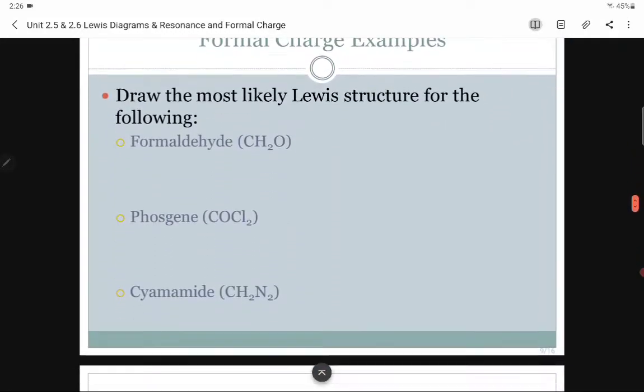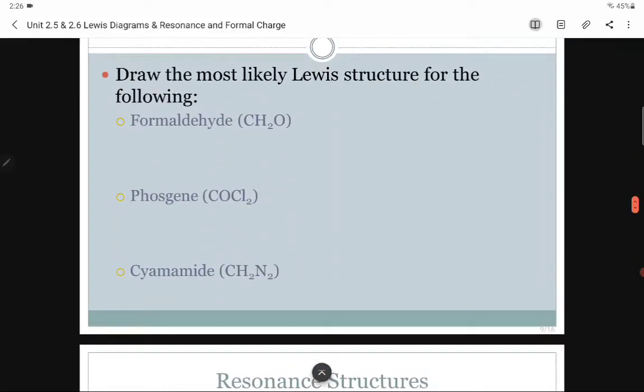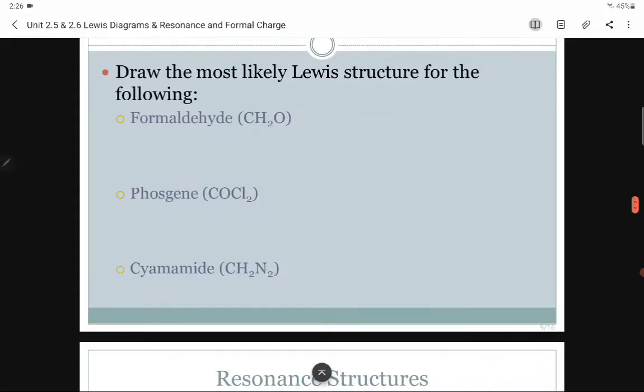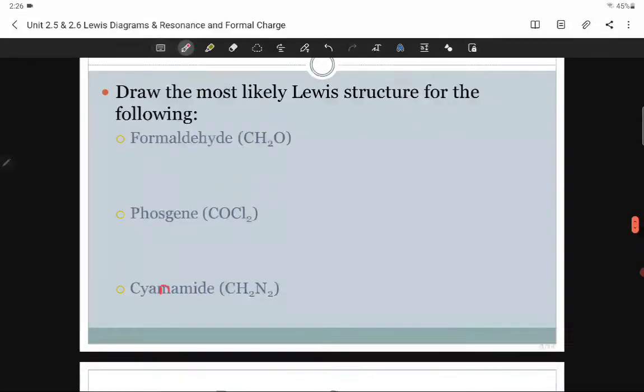Let's check out one of these. Draw the most likely Lewis structure for the following. I think that's a misprint there. That's supposed to have an N in that. Remember I said carbon's going to be in the middle.